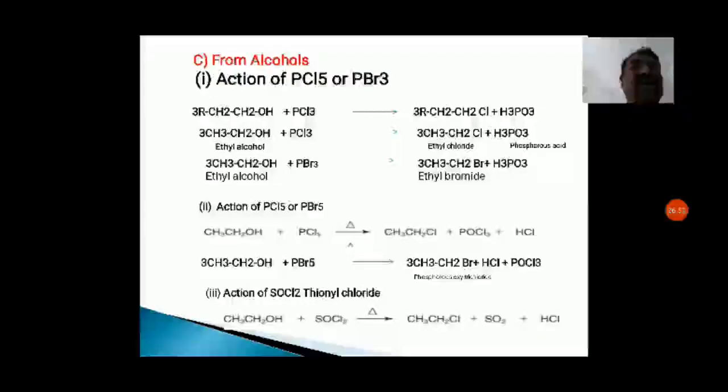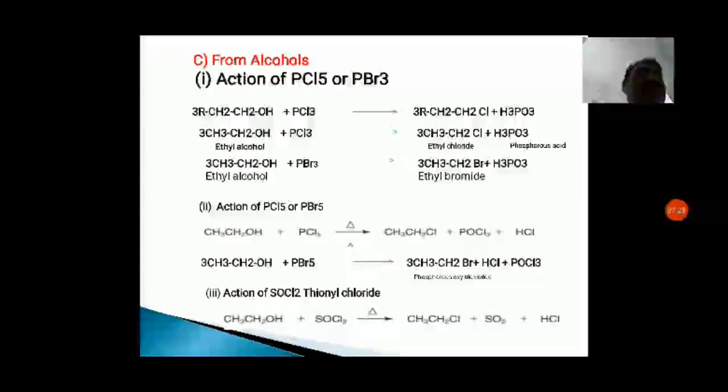The main aim of this reaction is that by this reaction we can convert the OH group of alcohol into a halogen group. That means alcohols can be converted into alkyl halides by treating them with PCl5, PBr3, PBr5 or PCl3. Similarly, we can convert ethyl alcohol into ethyl chloride by treating it with thionyl chloride.